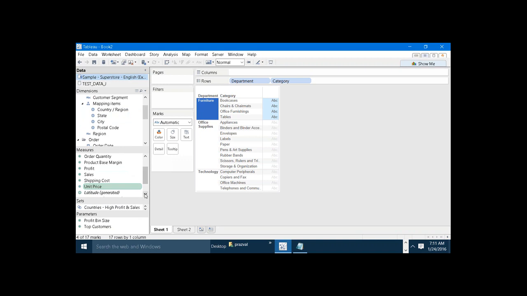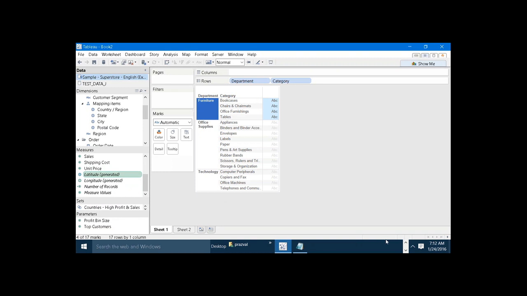The latitude and longitude differ from one location to another, so they come under the non-additive measures. Okay, so it's all about the measures.